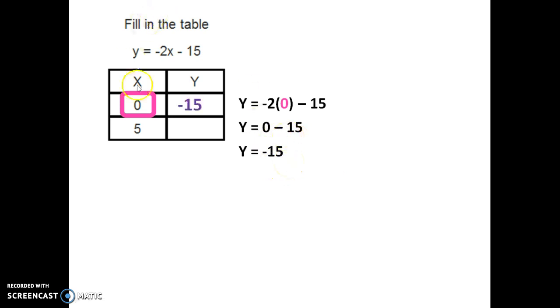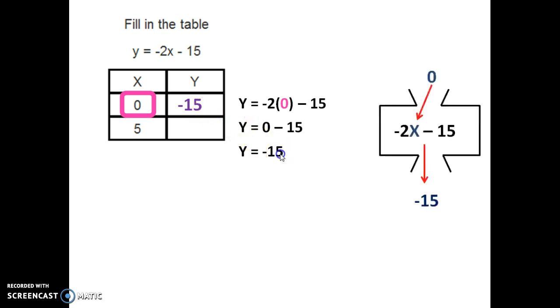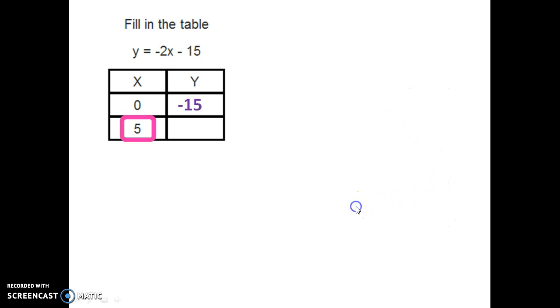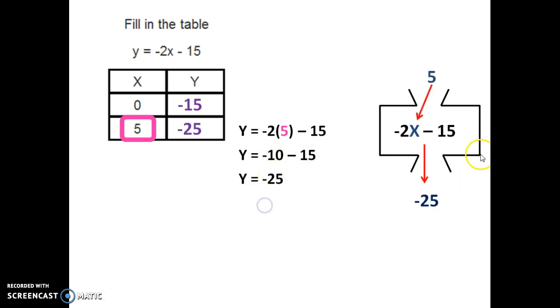So our output, or y value, here is negative 15. And here you can see how the machine works with this. Then if 5 is our input, we substitute 5 in for x, so negative 2 times 5 minus 15. Negative 2 times 5 is negative 10, minus 15, and negative 10 minus 15 is negative 25. You can see again how that works with the machine.